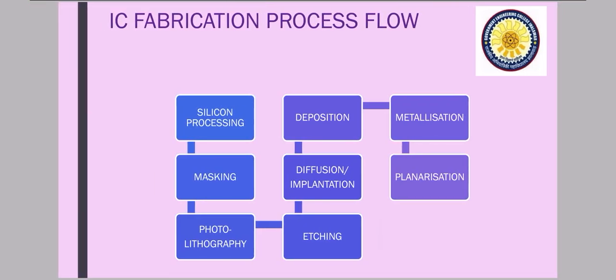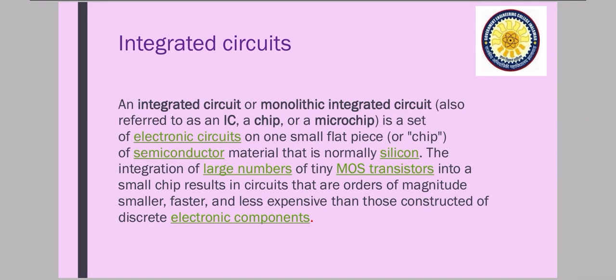So in IC fabrication, first of all, let's see what an IC or integrated circuit is. This definition I have taken from Wikipedia. An integrated circuit or monolithic integrated circuit, also referred to as an IC, a chip or a microchip, is a set of electronic circuits on one small flat piece called a chip of semiconductor material, that is normally silicon.